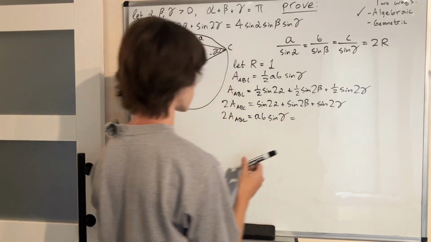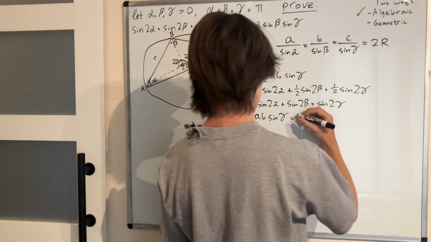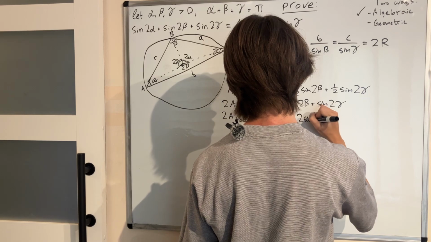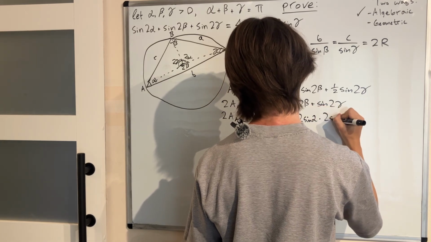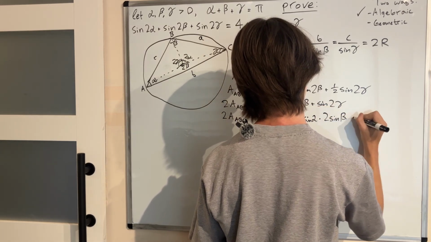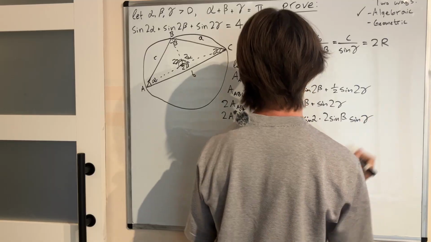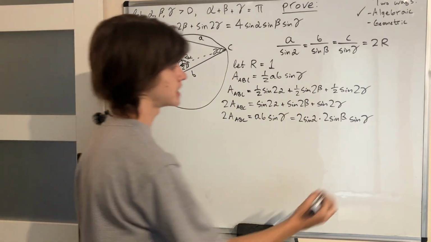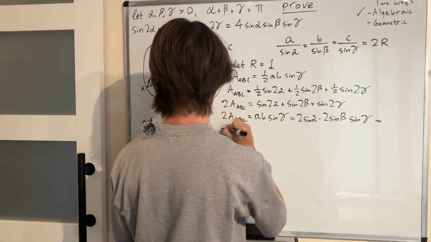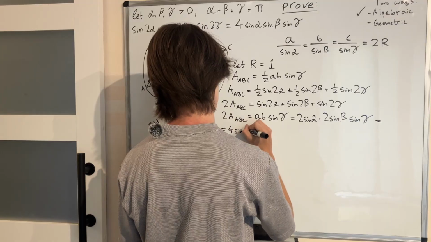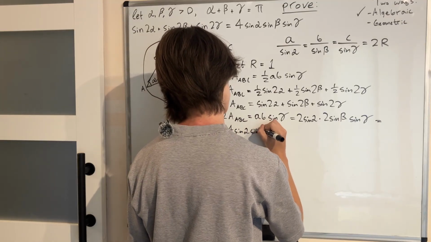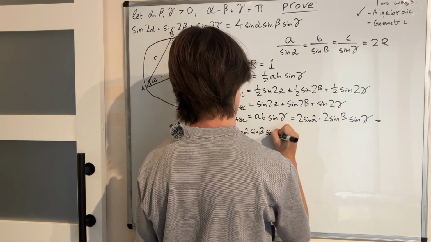So this is going to equal twice the area of ABC. So it's going to be 2 times the sine of alpha times 2 times the sine of beta times the sine of gamma. And would you look at that, that is just equal to 4 times the sine of alpha times sine of beta times sine of gamma.